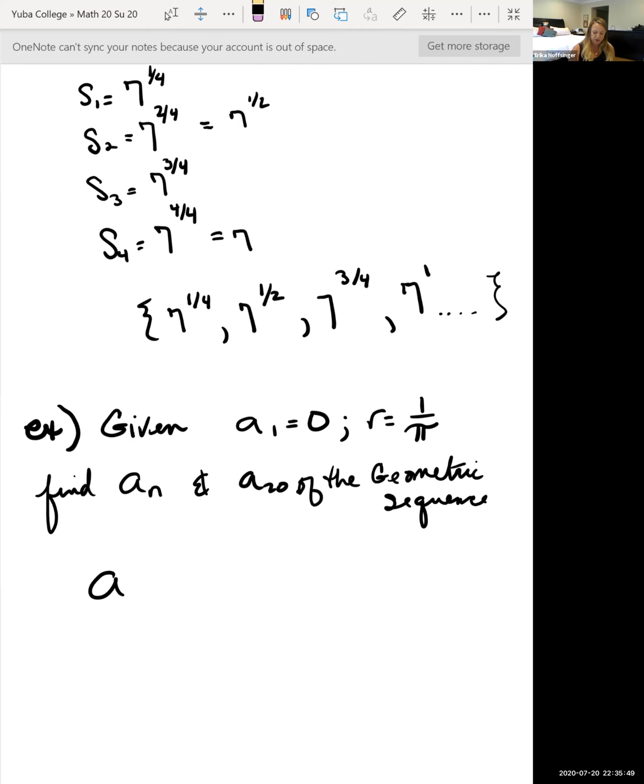A sub n is the first term, all times r raised to the n minus 1 power.